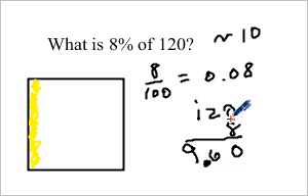The other way you can do that, if you do use the decimal, you'll remember in the question you see that there are 2 decimal places, so there have to be 2 decimal places in the answer. So my answer is 9 and 60 hundredths, or 9 and 6 tenths. So if this whole is 120, this yellow shaded area is 9 and 6 tenths.